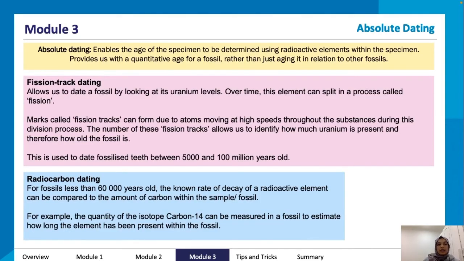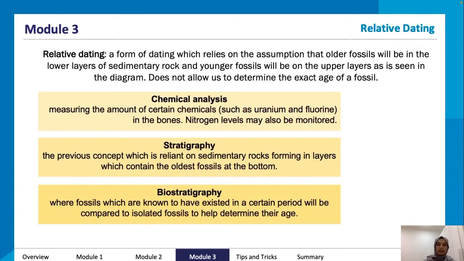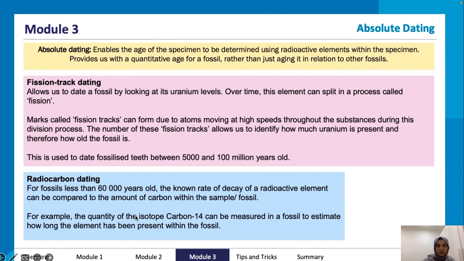So absolute dating enables the age of the specimen to be determined using radioactive elements within the specimen. It provides us with a quantitative age for a fossil rather than just aging it in relation to other fossils, which we saw over here in biostratigraphy. Fission track dating allows us to date a fossil by looking at its uranium levels over time.